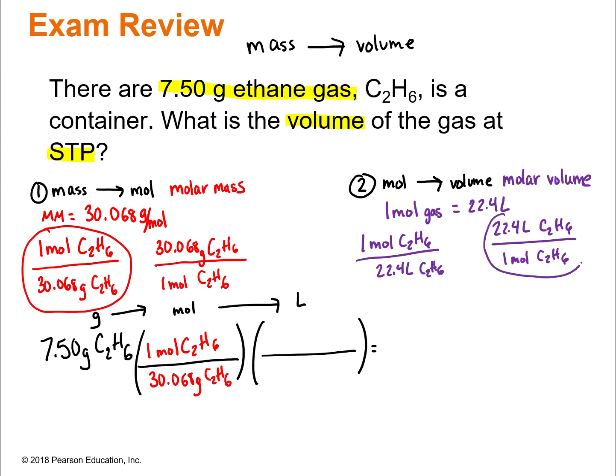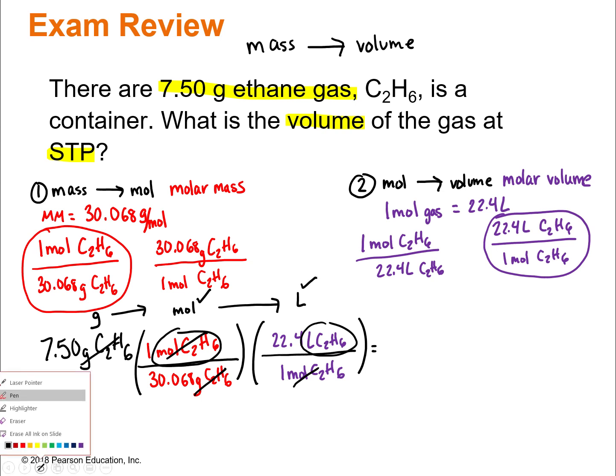So the moles have to go in the denominator for the second unit factor. Always do the unit analysis to make sure that you end up with the right unit. So we got to moles, and then we got to liters. Then you do the calculation.